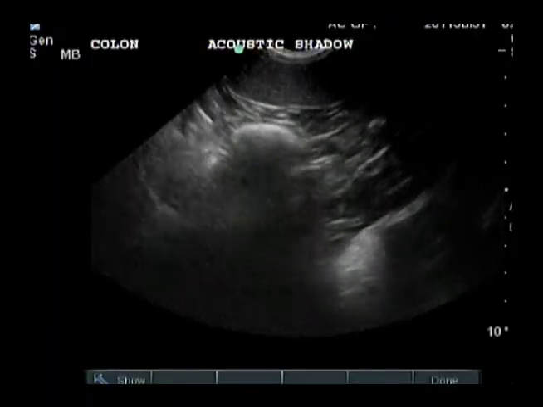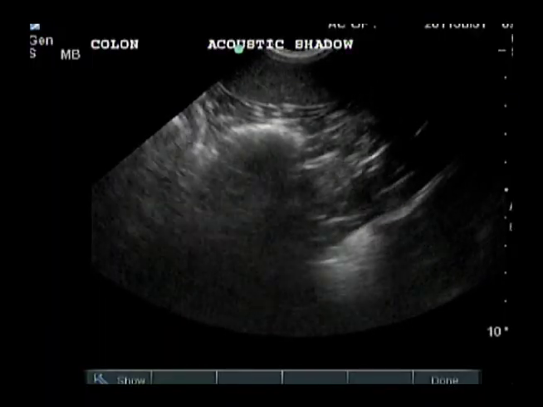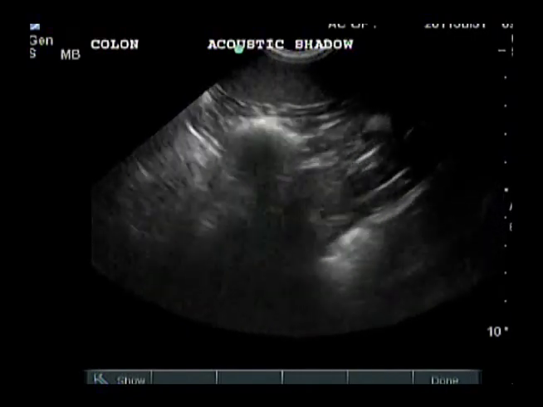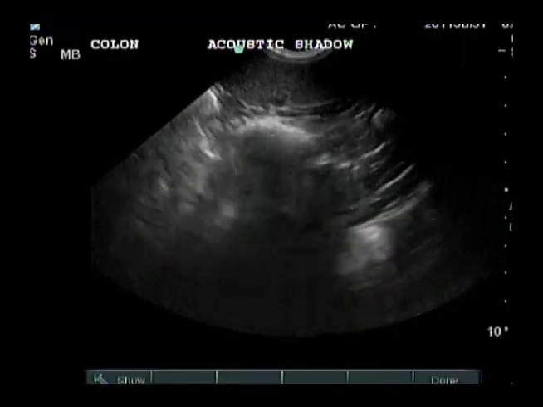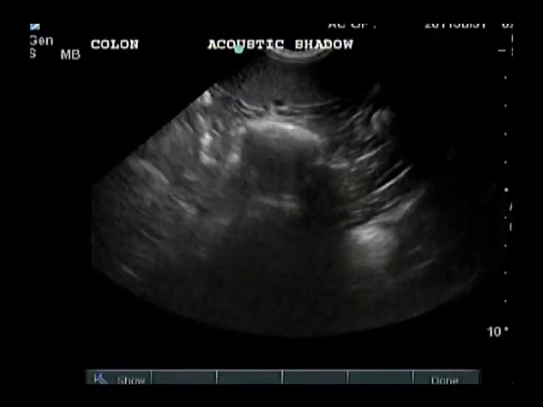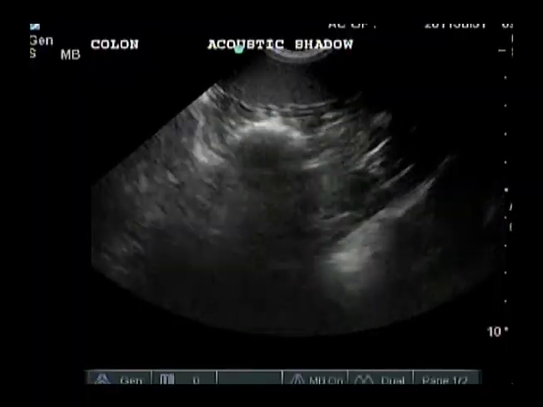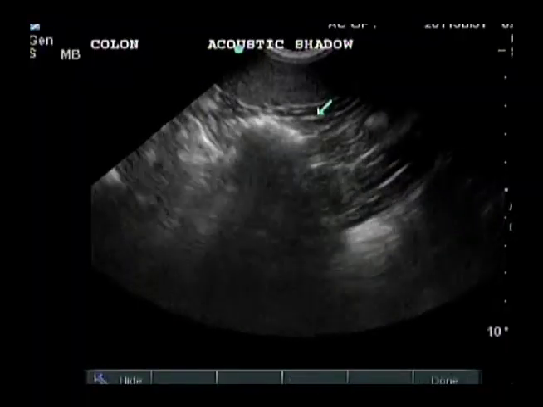An acoustic shadow occurs when the ultrasound beam is completely reflected or completely absorbed by a tissue. The colon is a good example. Normal fecal material contains a lot of gas and is highly reflective.